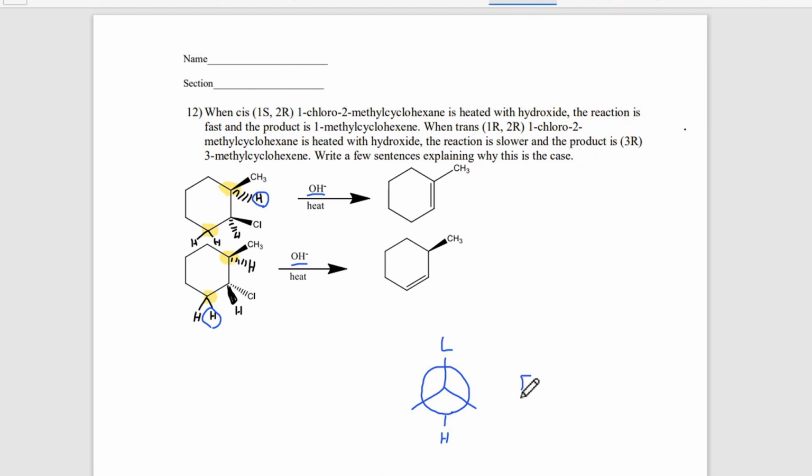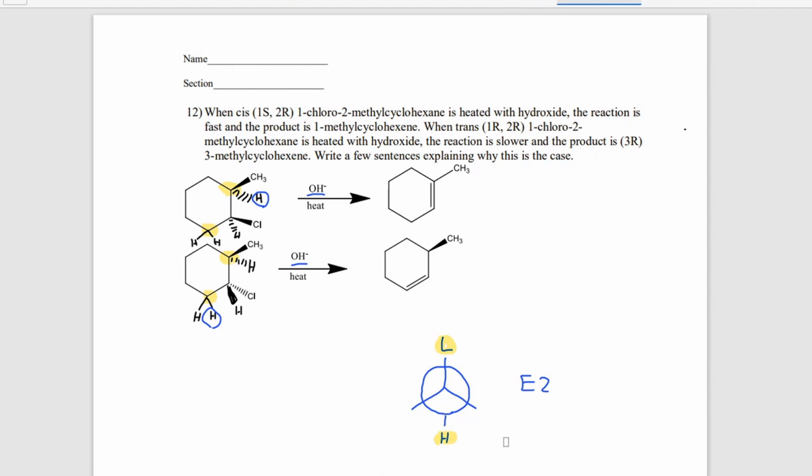So for E2 elimination to occur, the leaving group has to be pointing in the opposite direction, has to be anti to the hydrogen on the other carbon, the beta carbon.